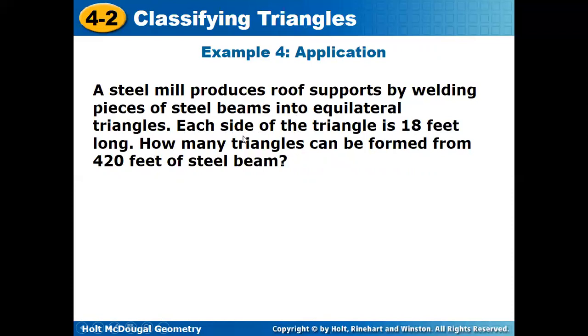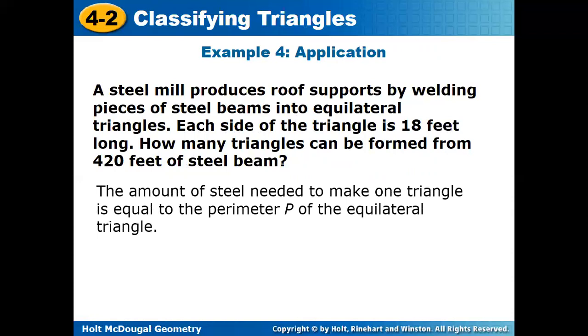How many triangles can be formed from 420 feet of steel beam? So in this question, the amount of steel needed to make only one triangle is equal to the sum of the three sides of the triangle, meaning the perimeter P of the equilateral triangle.